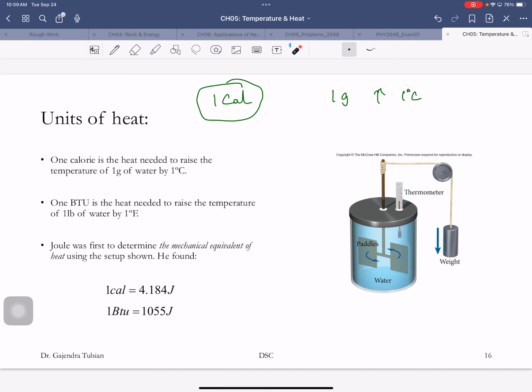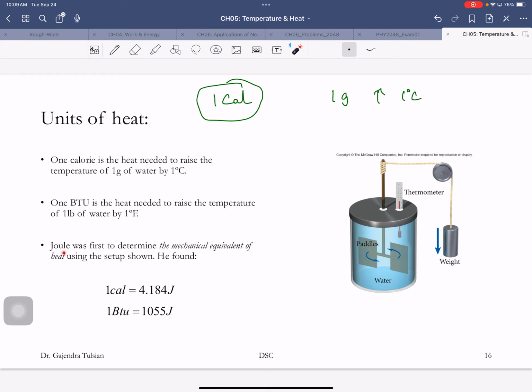1 BTU is the heat needed to raise the temperature of 1 pound of water by 1 degree Fahrenheit. Okay. Now, we don't use this unit in science classes. We use the calorie and the joule.